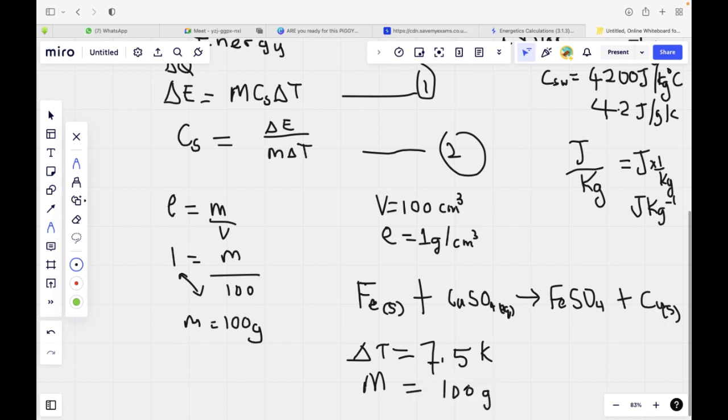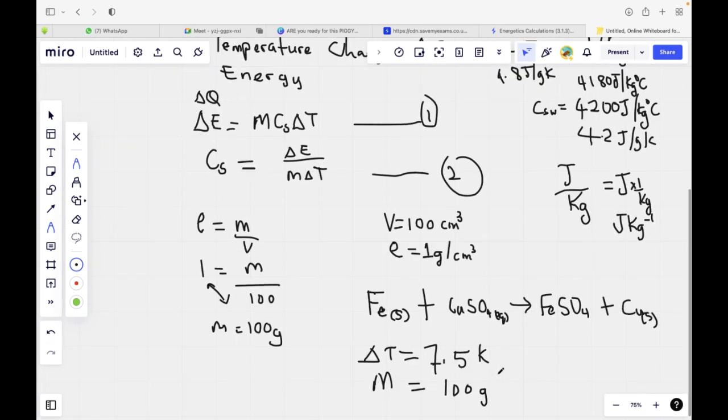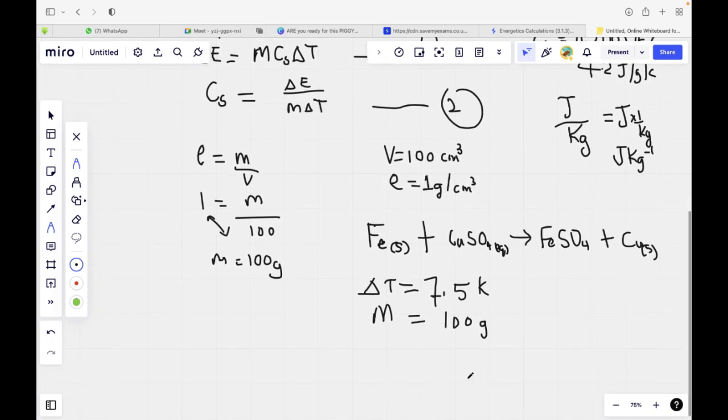The specific heat capacity, for this case, we assume to be the same as that of water, which is 4.18 joule per gram per Kelvin. So this is what we're going to use.